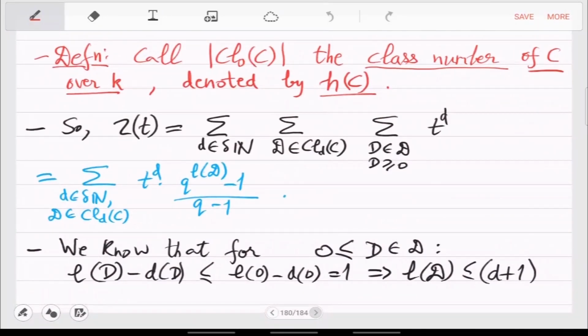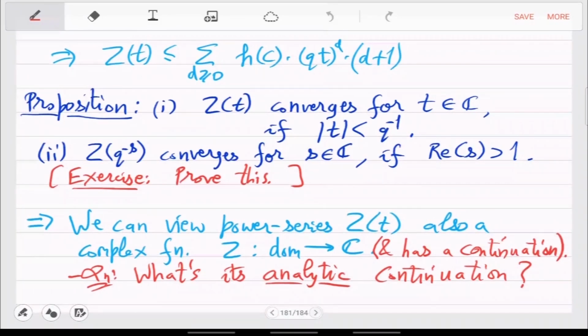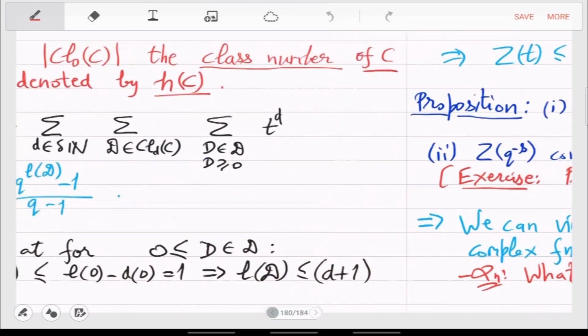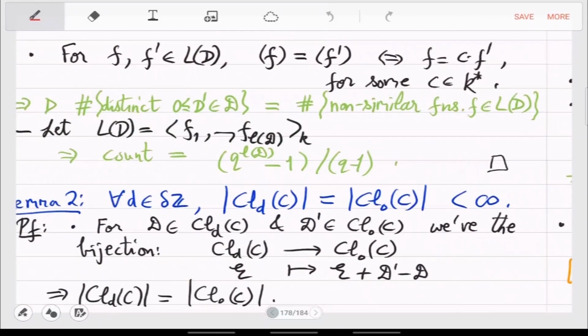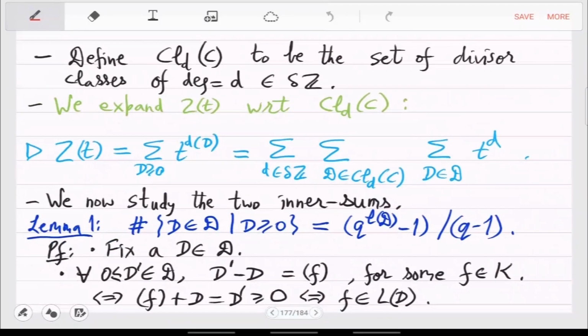So the formula that we had on top, the upper bound, has qt raised to d. So q will be that which came originally from lemma 1. In lemma 1 we had this estimate, right? Whatever q was there, that was the size of the base field small k. So that is the q which is hanging around everywhere.